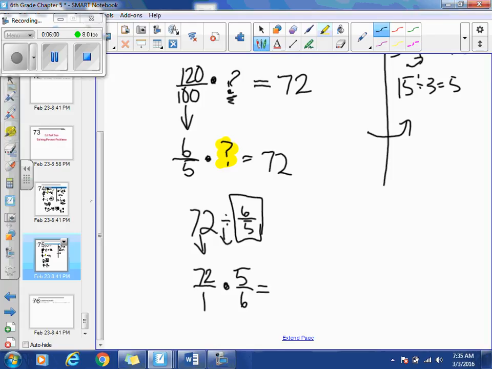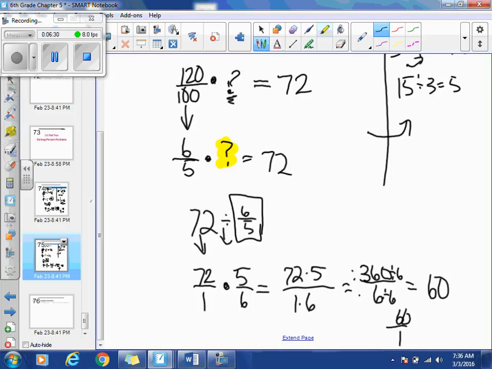Then it's fraction multiplication, the easiest thing you can do with fractions: multiply numerators, multiply denominators. 72 times 5, you can use a calculator for that if you need to, is 360. 1 times 6 is 6. If I take 360 divided by 6, I get 60. Or if I simplify by dividing both by 6, I get 60 over 1.